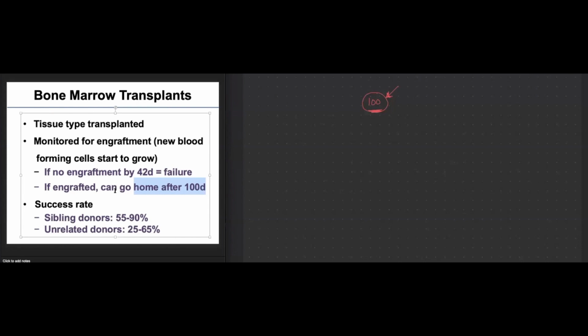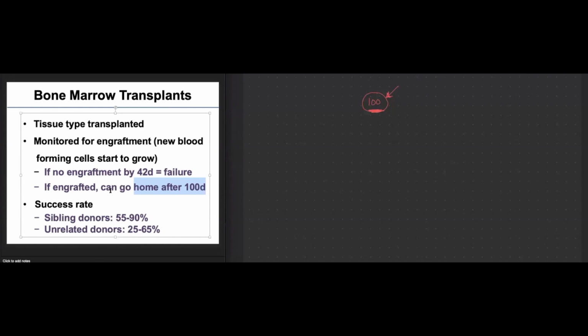If he was able to maintain a normal red blood cell count for 100 days without the need for extra blood transfusions, this tells me that yes, this engrafted bone marrow can work efficiently and can substitute for the damaged or destroyed bone marrow.